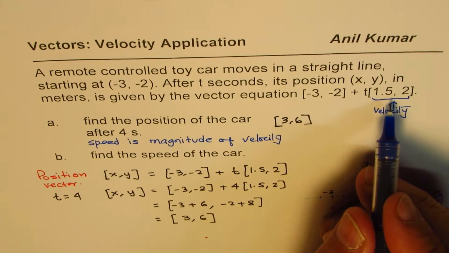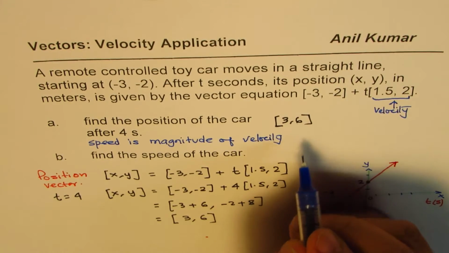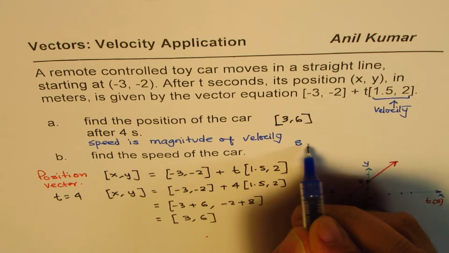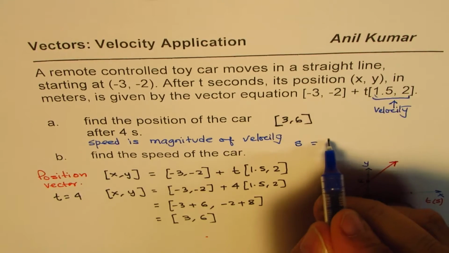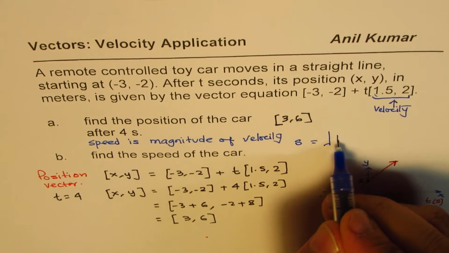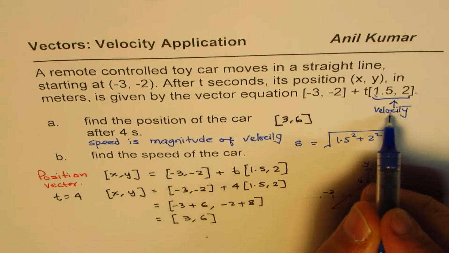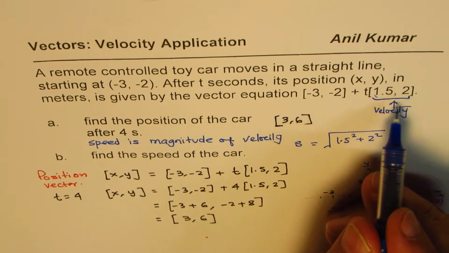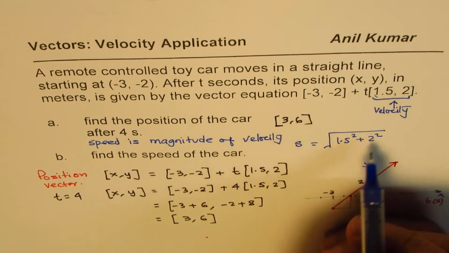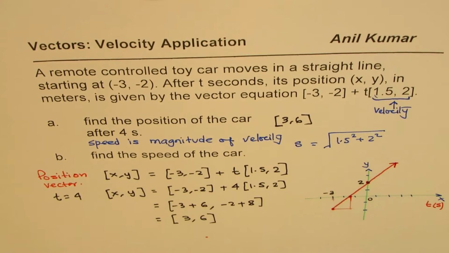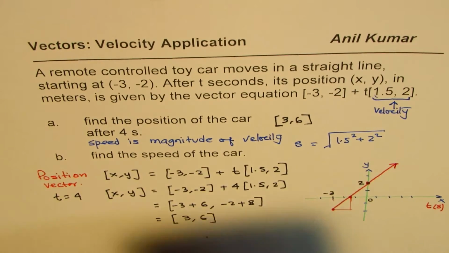Okay, now that is the velocity for us. So what is the magnitude? Let me write down. Speed S is equal to, magnitude means, the square root of 1.5 squared plus 2 squared. That is the velocity vector, and the magnitude is the square root of a squared plus b squared. We can use the calculator to find this answer.